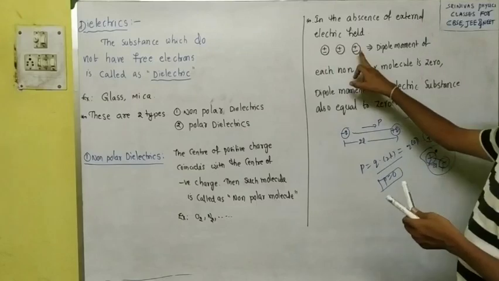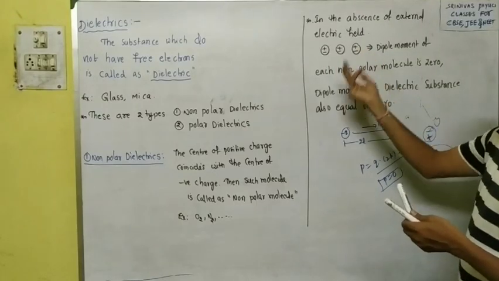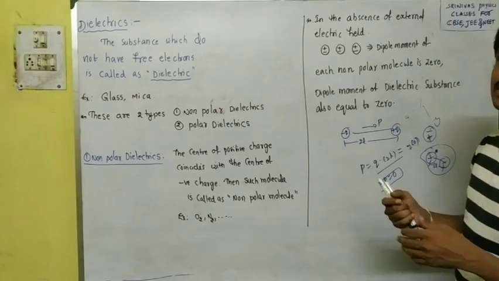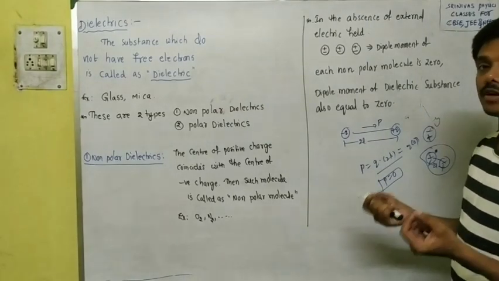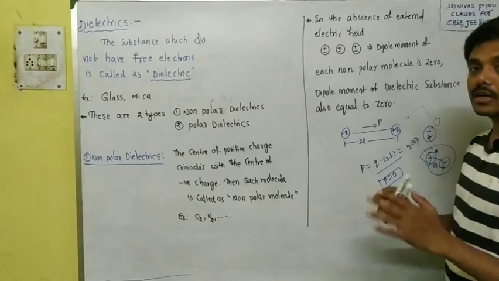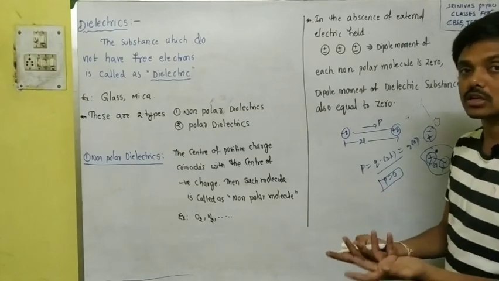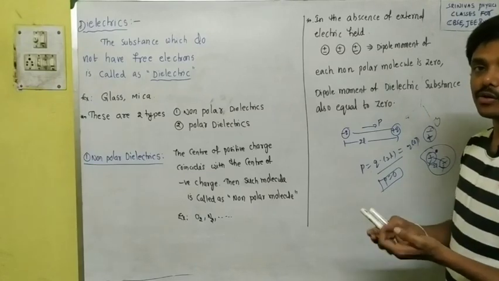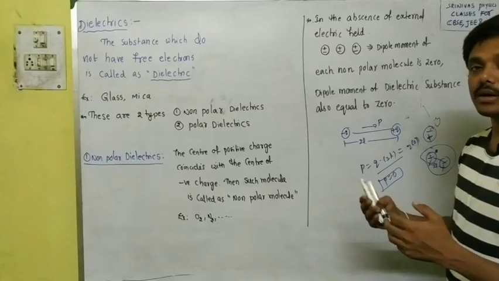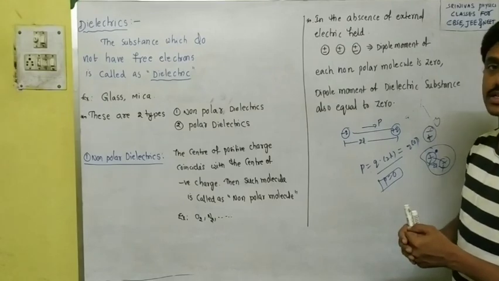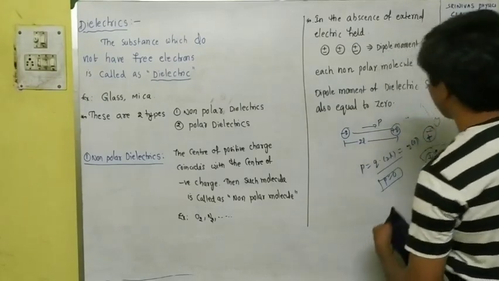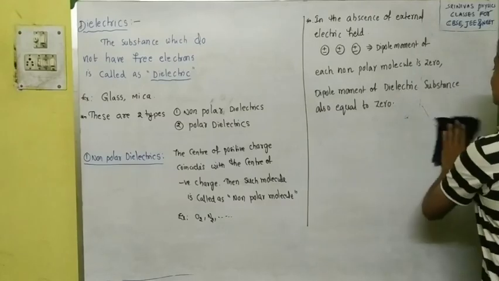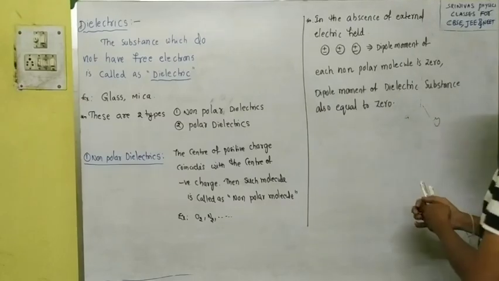When the dipole moment of one molecule is zero, automatically the dipole moment of the substance is also zero, because every molecule has zero dipole moment. Substance is a group of molecules. Every molecule has zero dipole moment, so the substance also has zero dipole moment in the absence of an electric field.